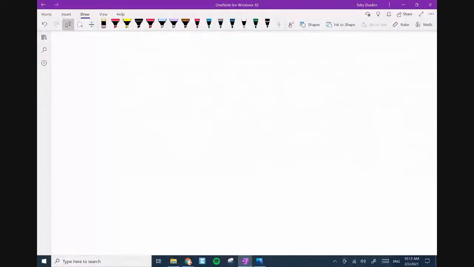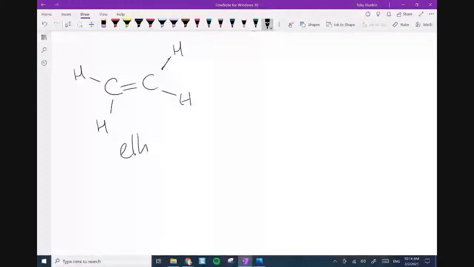Let's turn this stick into dot and cross. It's much more GCSE, to be fair. This is ethene. Turn that into D and C, into a dot and cross.